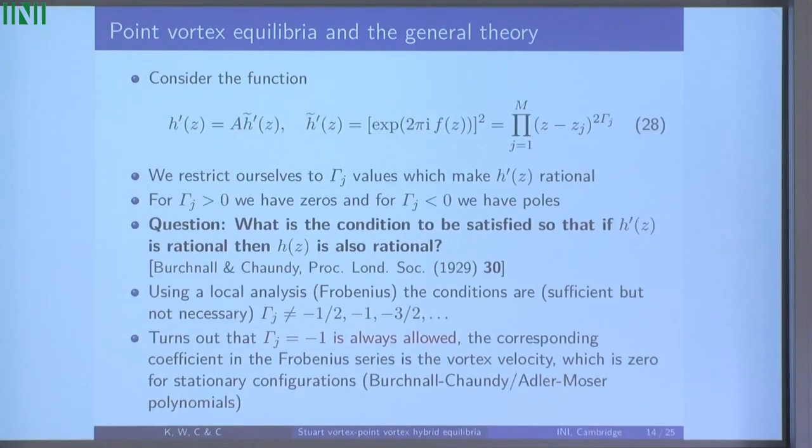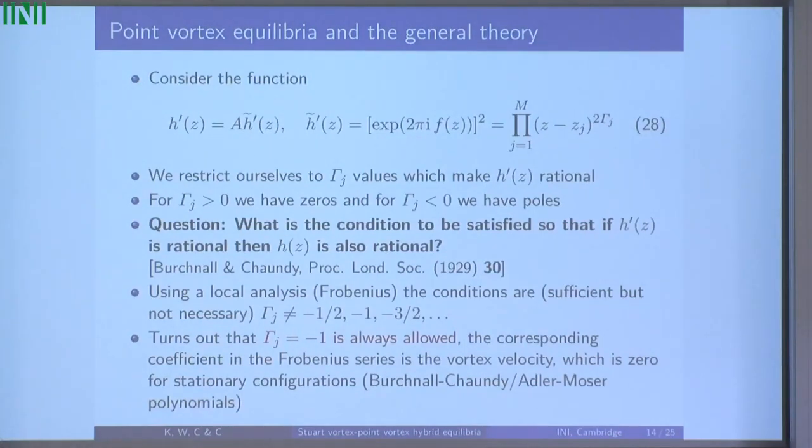Now, at first sight it might be a bit disappointing, because then you are left with nothing if none of those values are allowed, but you quickly realize that these are sufficient conditions, but they are not necessary, because you also have the coefficients in the Frobenius series, and these coefficients can be 0.